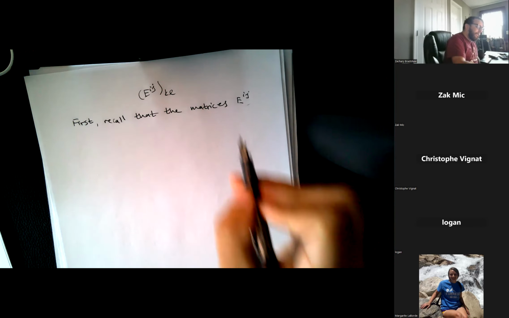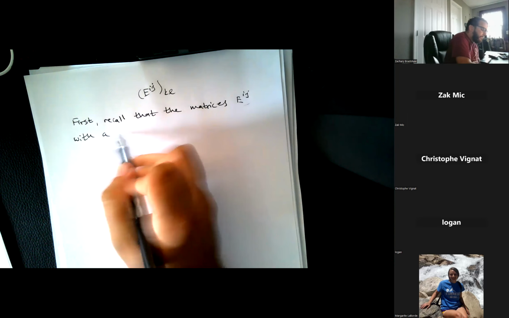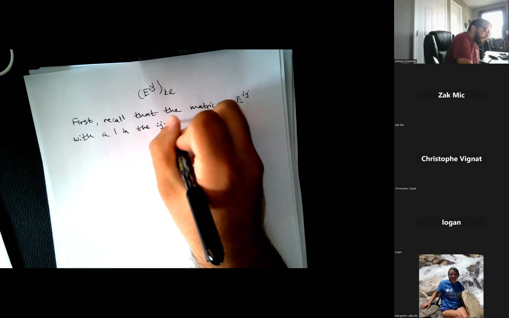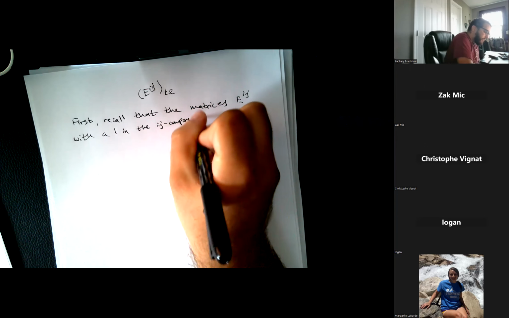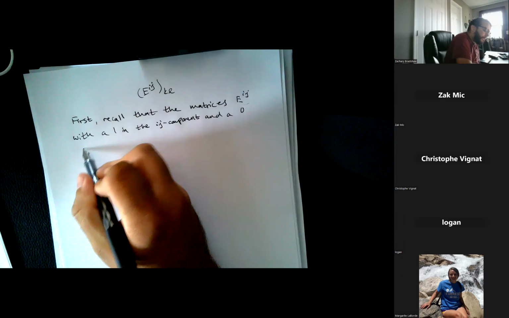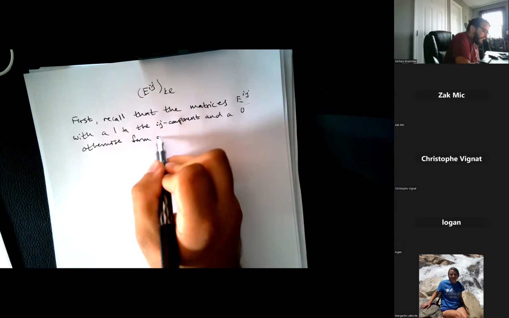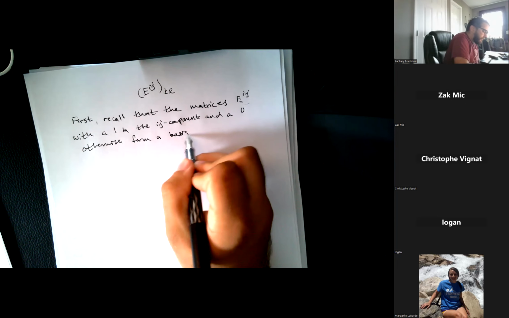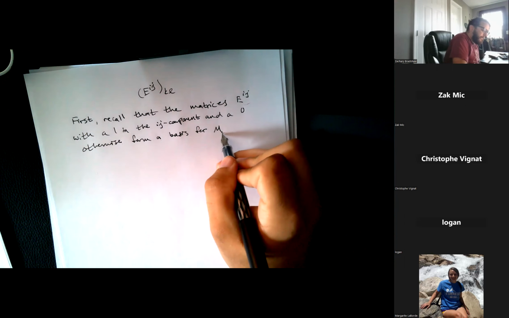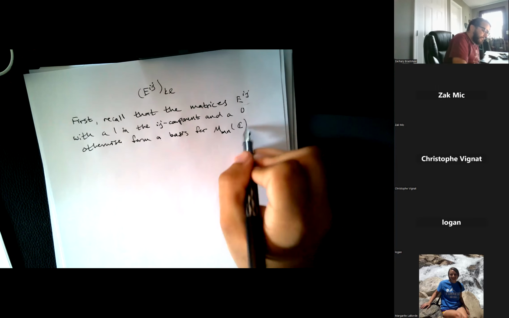Okay, so these matrices with a 1 in the ij component and a 0 otherwise, they form a basis for the vector space of matrices that are m by n.